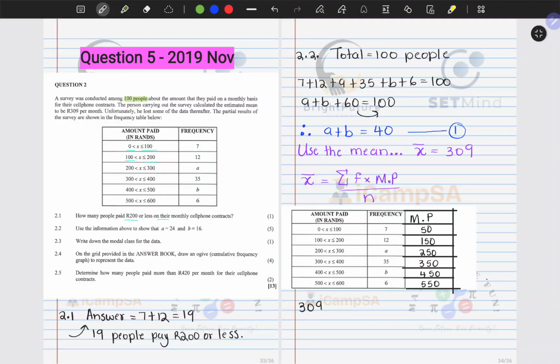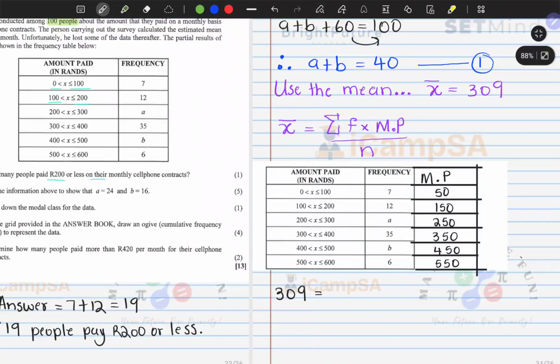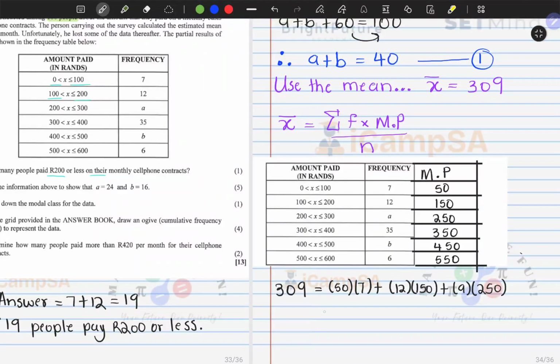So this means that 309 will simply be equal to 50 by 7 plus 12 by 150, then plus A by 250, and then plus 35 by 350, and then plus B by 450, and then plus 6 by 550, and all of this will be divided by 100.